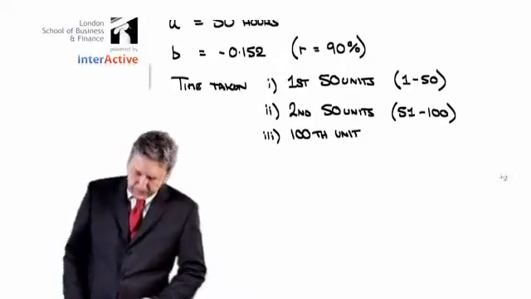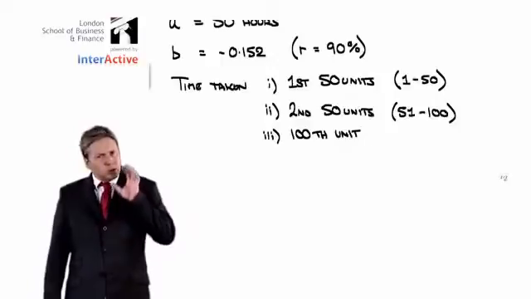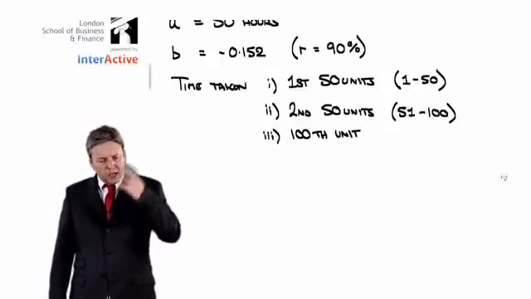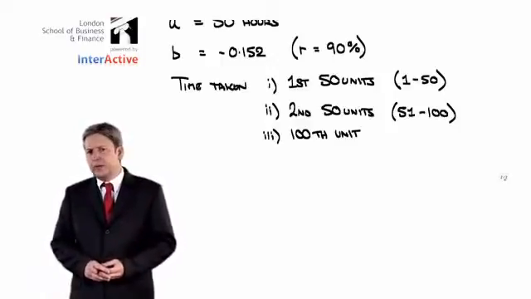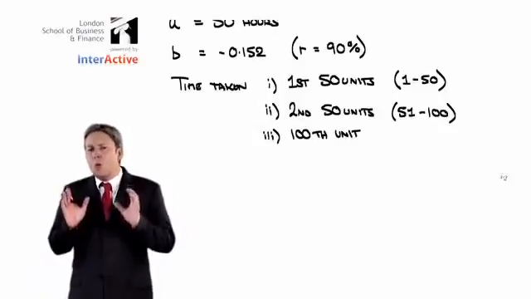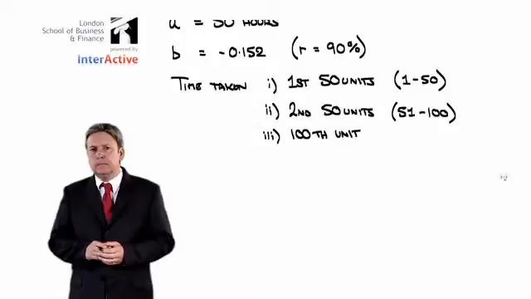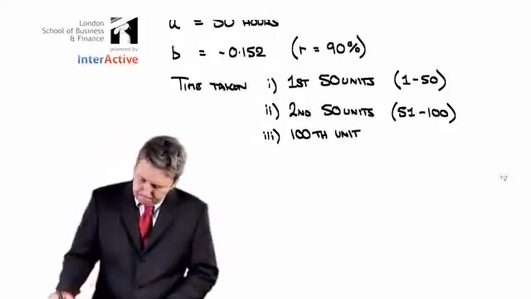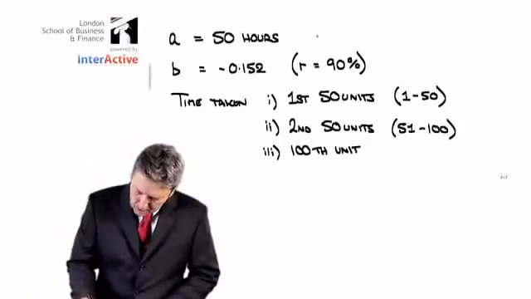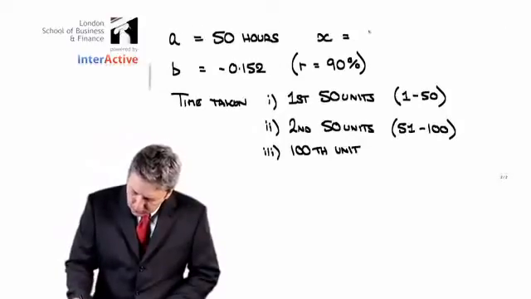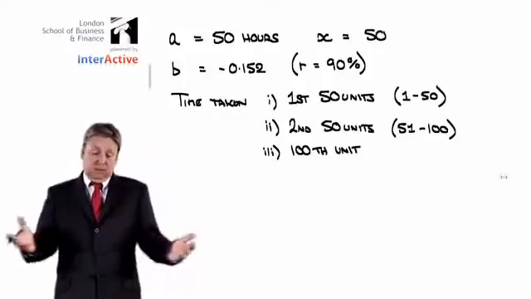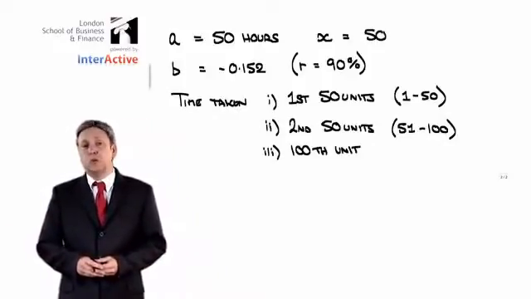Now, all I want to establish first of all is, given that I'm looking for these three pieces of information, what values of x do we need? Well, I think we can all agree that we need x equals 50, if for no other reason, to calculate the first.